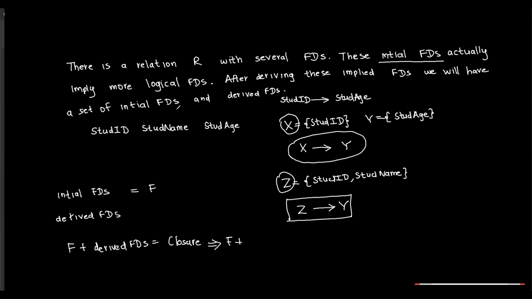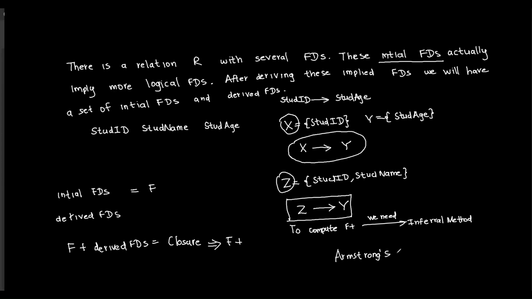All right. So in the last class, I told you that we have inference methods to come up with FDs. So that's the thing here. To compute F plus, we need inference methods. One of the famous inference methods is called Armstrong's Axioms.